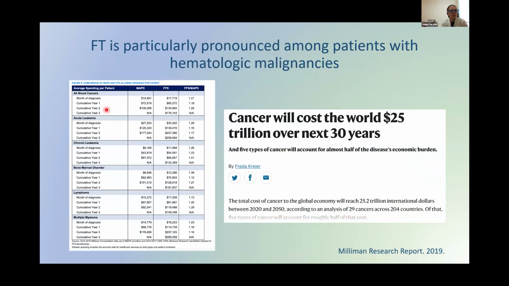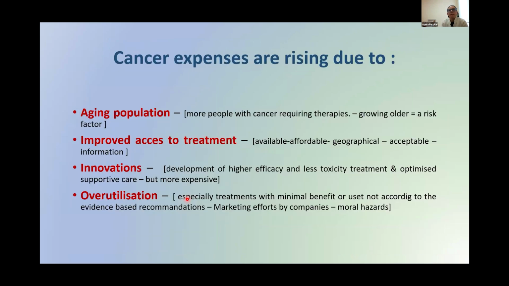Here on the left side of the screen, you see all the blood cancers: acute leukemia, chronic leukemia, bone marrow disorders, lymphomas, and multiple myelomas, and also all the spending every patient has to pay. And it's getting worse and worse. So we have to keep in mind that prices are going higher and the risk of financial toxicity also.